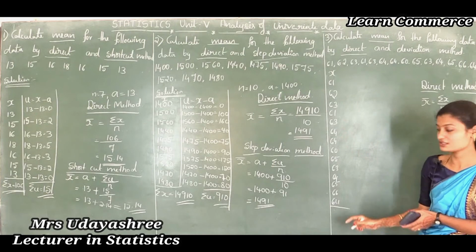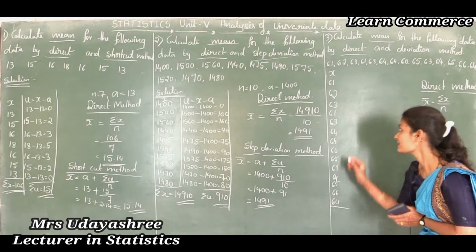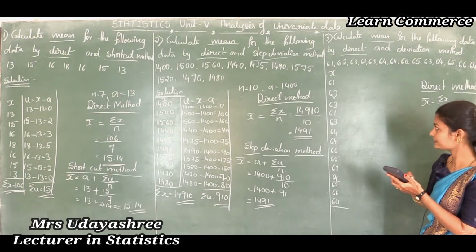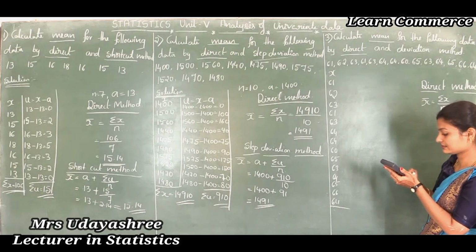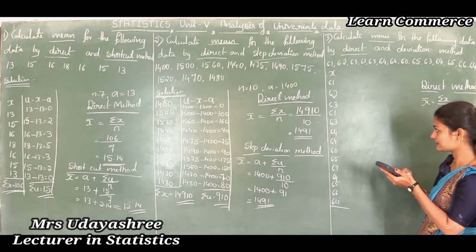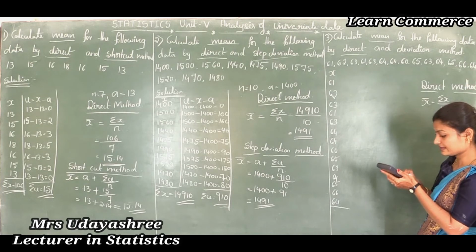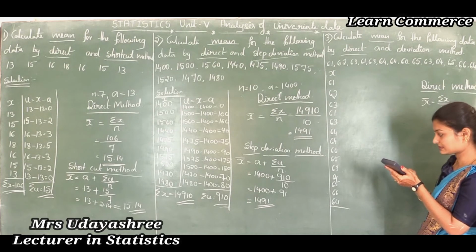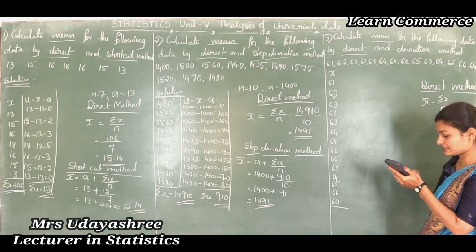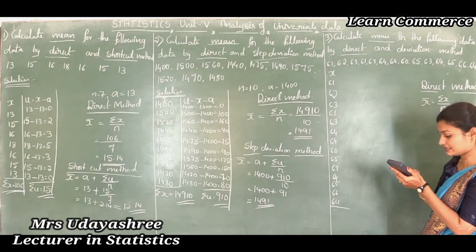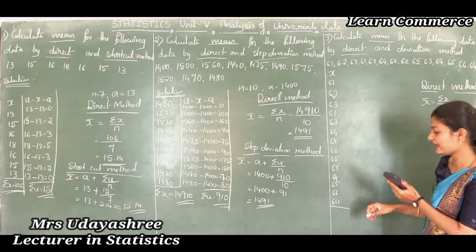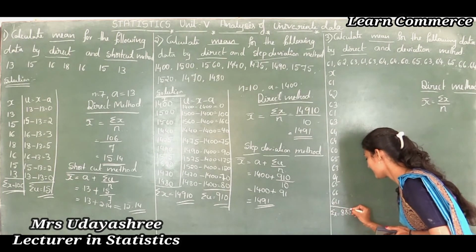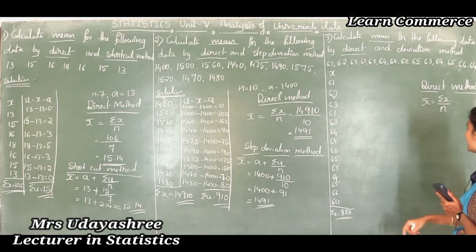Sum of x is 61 plus 62 plus 63 plus 61 plus 63 plus 64 plus 64 plus 60 plus 65 plus 63 plus 64 plus 65 plus 66 plus 64. So sum of x is 885.